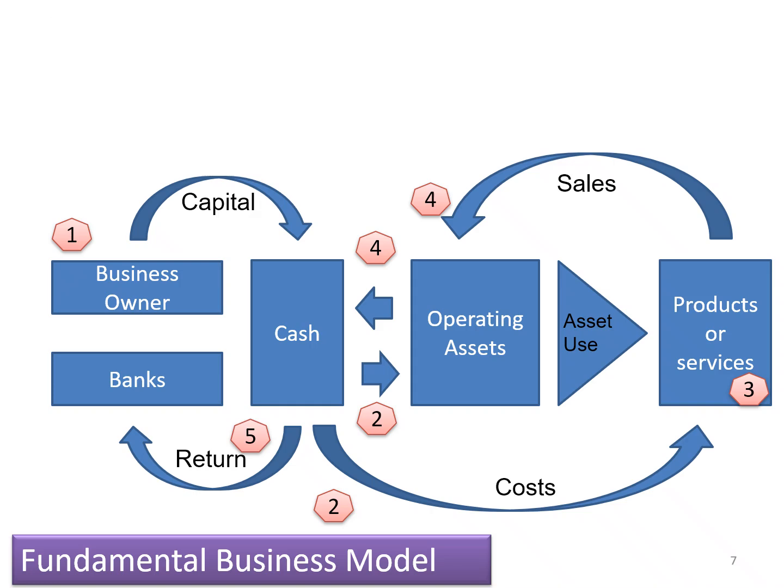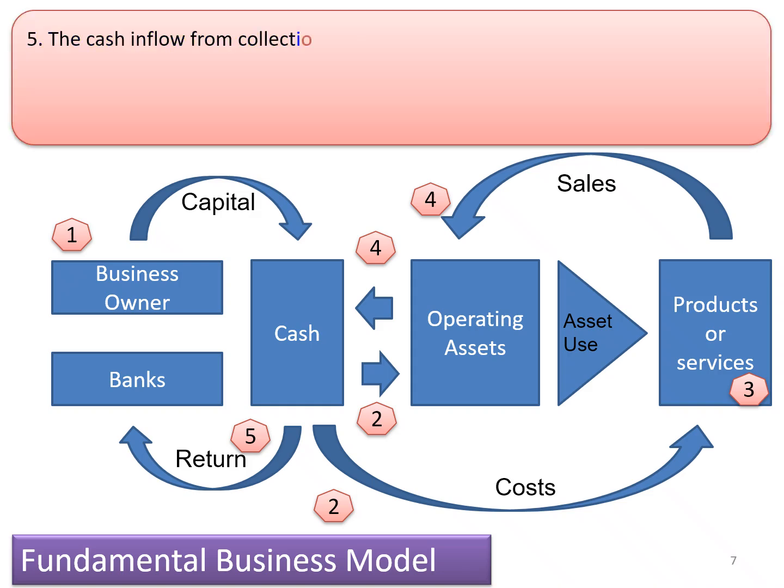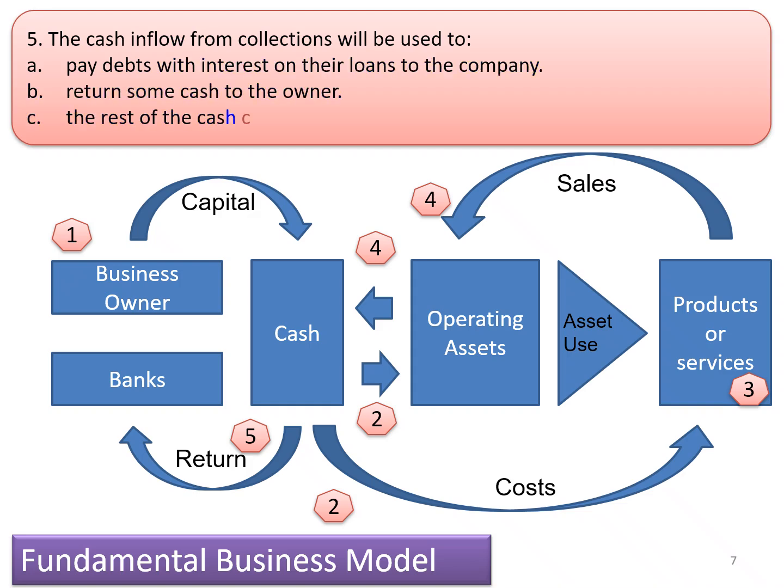Now, after collecting money from our receivables, we can use that cash inflow from collections to pay debts with interest under loans. Like if we owe money from the bank, then we pay our debts. And then we can also use that cash to return some to the owner.